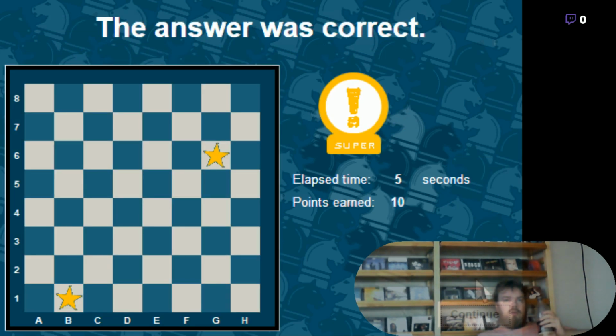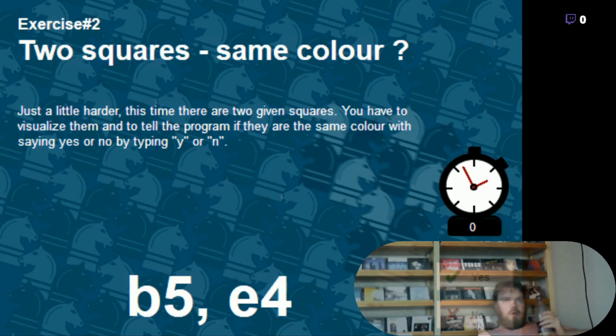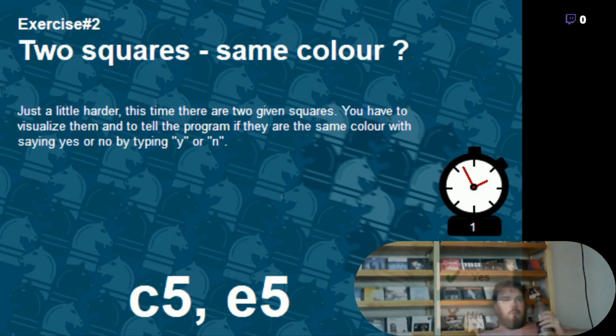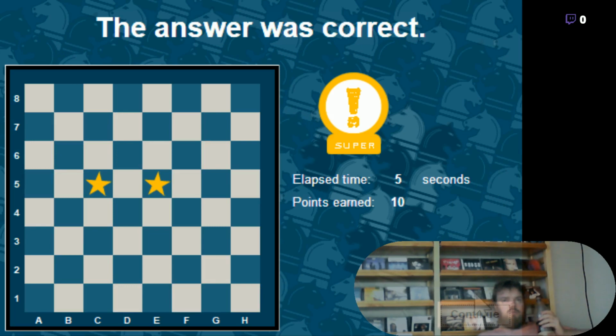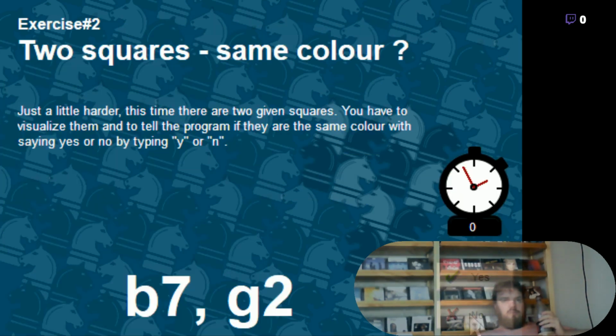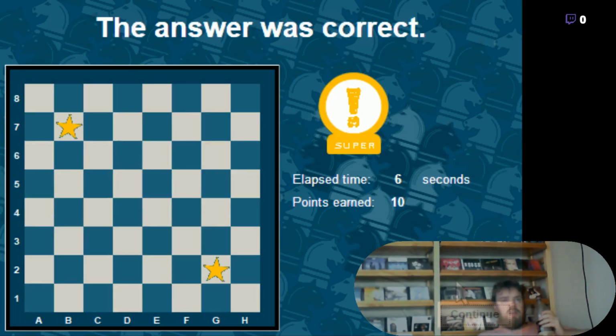and again both are light squares. So these both are light squares. These both are dark squares. Light and dark square. Light and light square in the same diagonal.